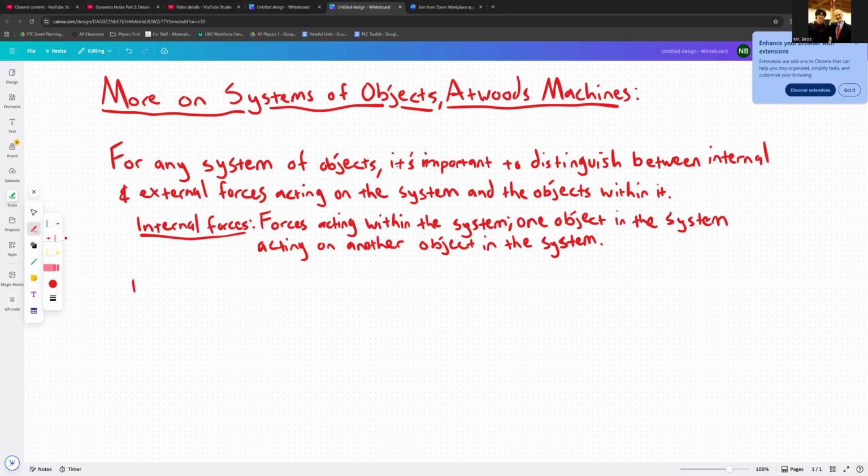External forces, you probably could guess what this is. This is forces acting from outside the system.